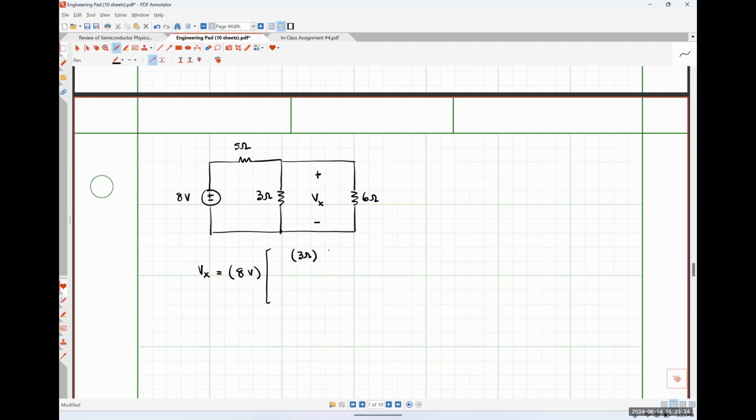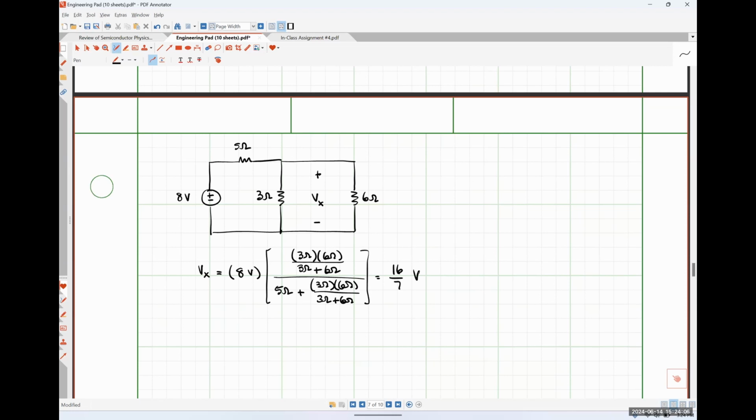So that would look like 3 ohms times 6 ohms over 3 ohms plus 6 ohms, divided by 5 ohms plus 3 ohms times 6 ohms over 3 ohms plus 6 ohms. So let's see, 18 over 9, so that's like 2. So 8 times 2 over 7 is 16/7 of a volt, if my mental math is correct. Process is right. My ability to do simple math in my head may not be.